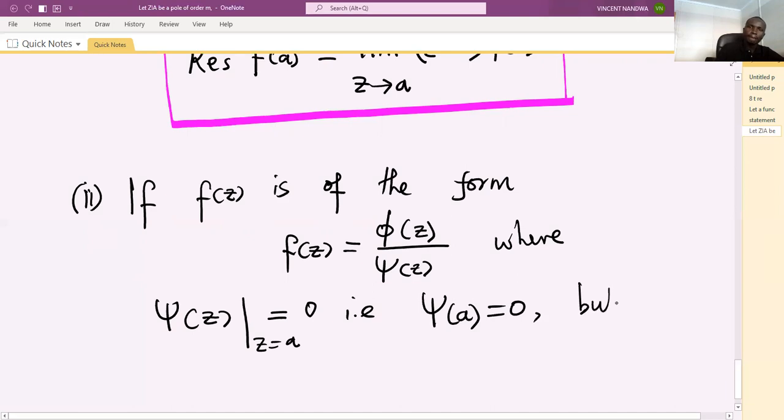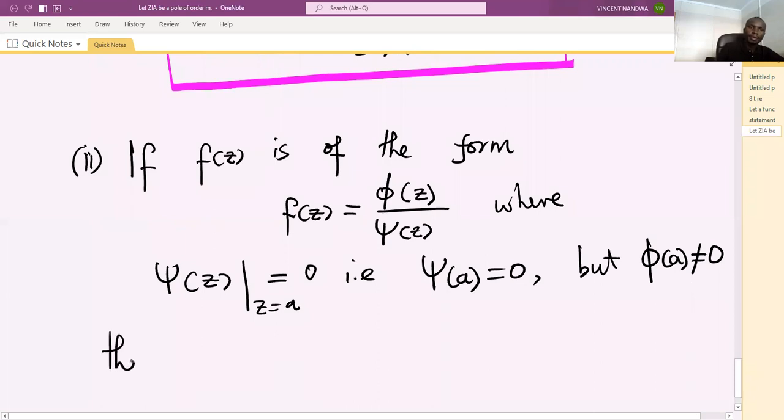But if you put a in the numerator, you get non-zero value. Then the residue of the function at z equals a is given by the value of the numerator at a, and then you divide by the derivative of the denominator at a.